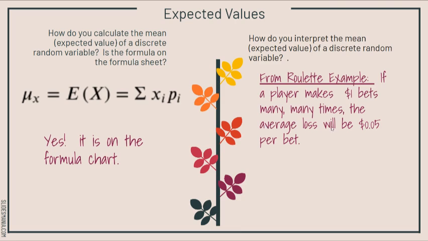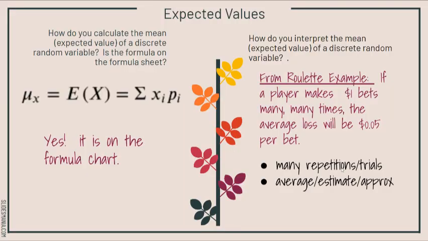That's how you phrase it whenever it's a negative value. So the key is many repetitions, many trials, and then it's an average, estimate, or approximate. You wouldn't say the loss will be that per bet. You would say the average loss will be, because it's not guaranteed.